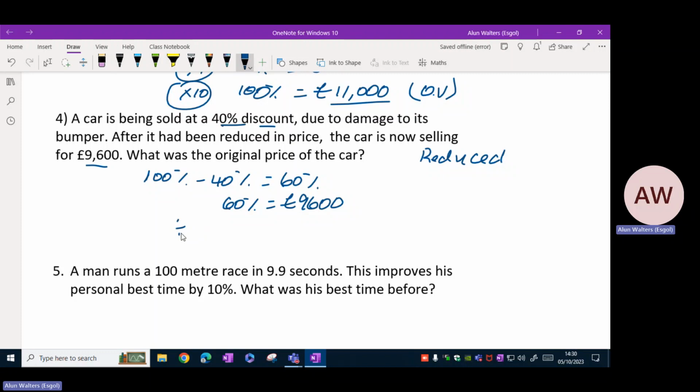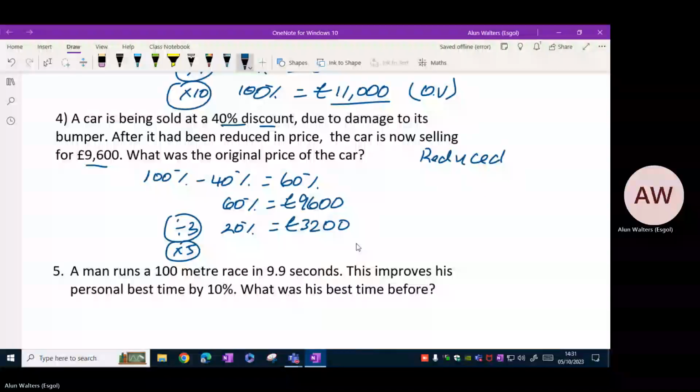I'm going to divide both sides by 3. So therefore I'm able to say 20% is equal to, and you might want to do the bus stop method here, 20% is 3,200. And if you multiply both sides by 5, you end up saying 100%, or the original value, is actually worth £16,000.